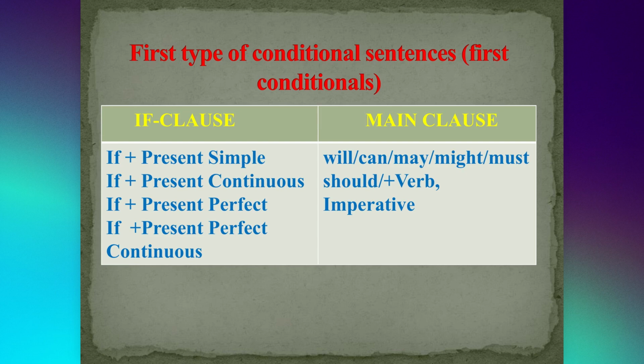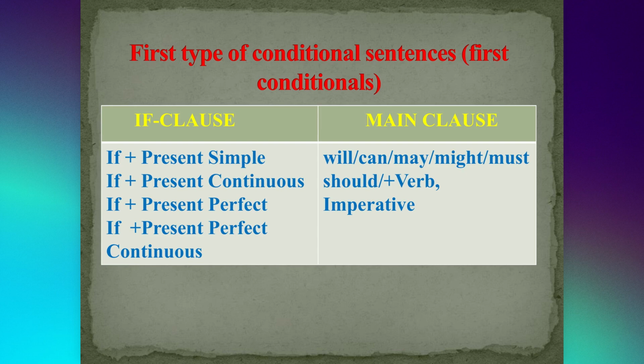Present perfect continuous. Present perfect continuous is formed by means of auxiliary verbs have been or has been, depending on the subject. If the subject is in the third person singular, we will use the auxiliary verb has been. In other situations, we will have the auxiliary verb have been plus verb with ending ing.